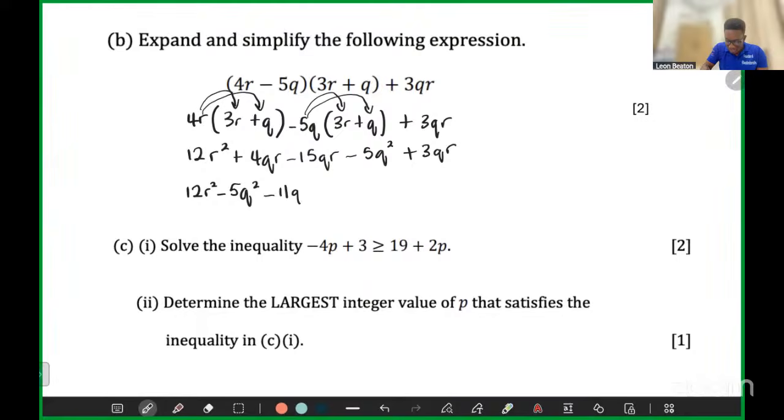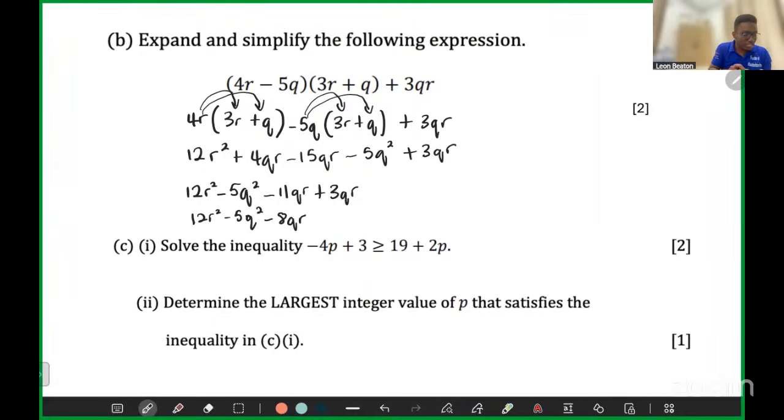And then we put back the qr, and this will be added to plus 3qr. And when we add these two, negative 11 plus 3 would give us a negative 8, and we put back the qr.